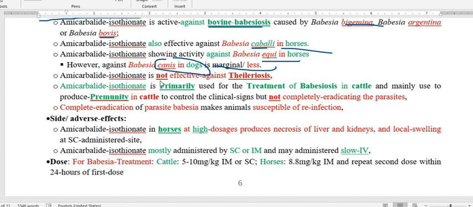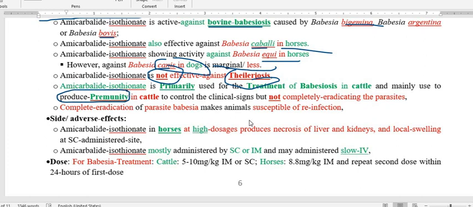So less activity of the amicarbalide isethionate in dog. The species is Babesia canis. The amicarbalide is not effective against Theileria. So this is an important point about amicarbalide isethionate.